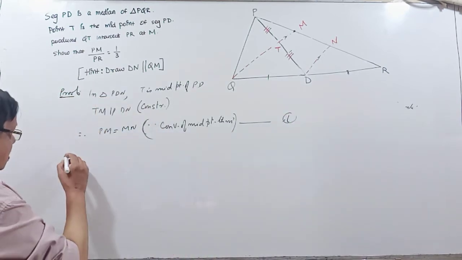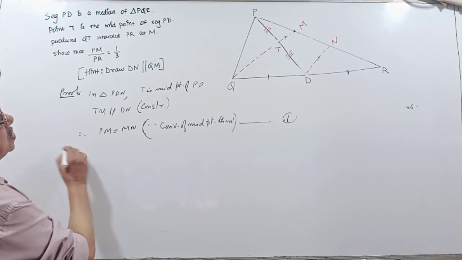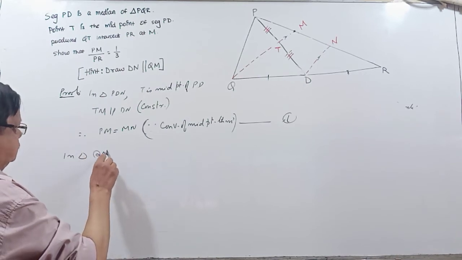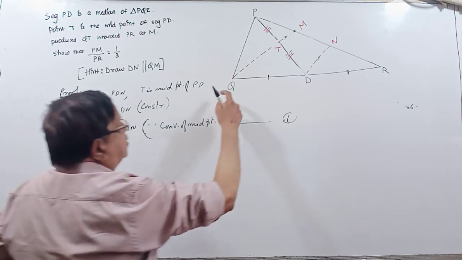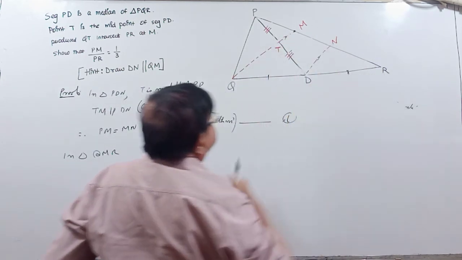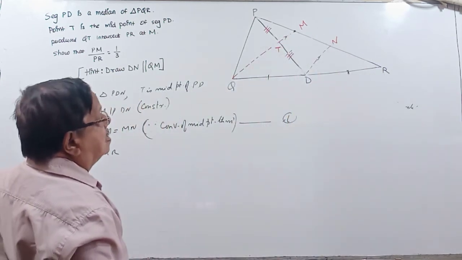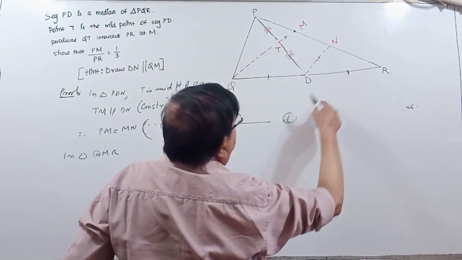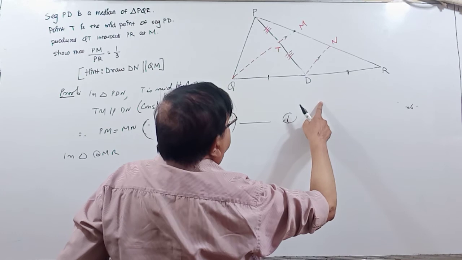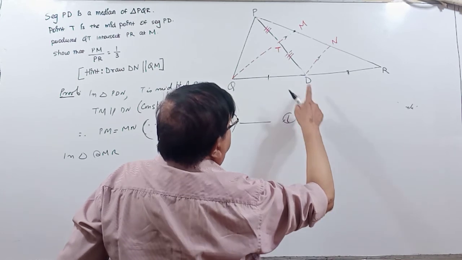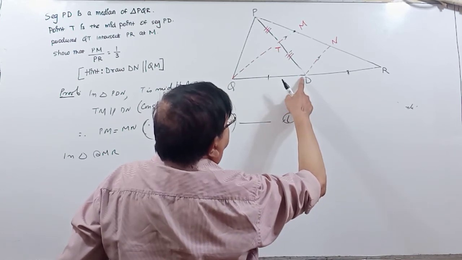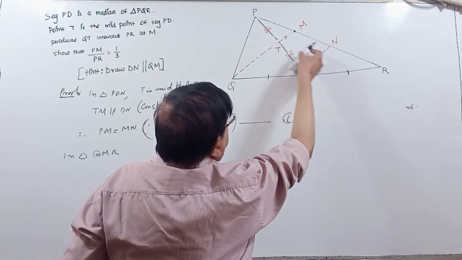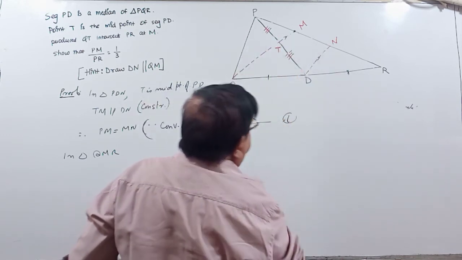Now, in triangle QMR, कौन सा ट्रायंगल है? QMR ट्रायंगल में देखो इधर D is the midpoint of QR and this is parallel to this by construction.